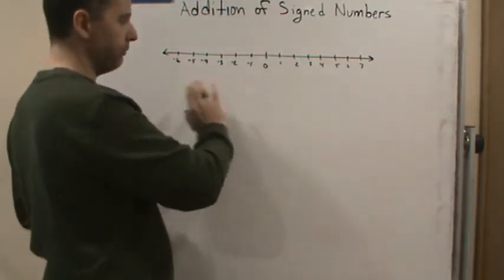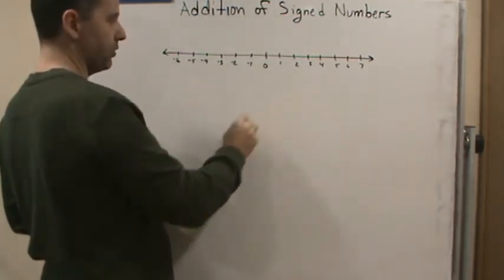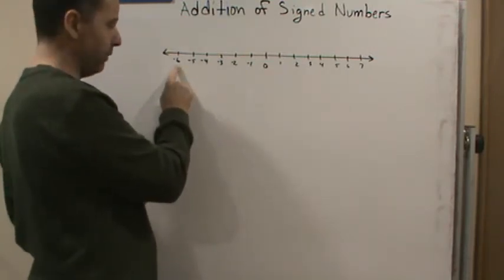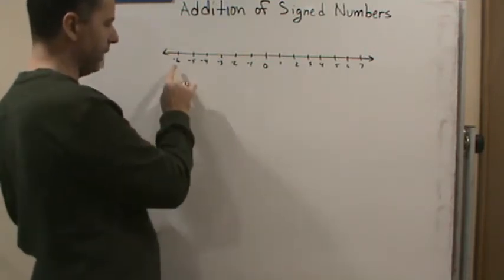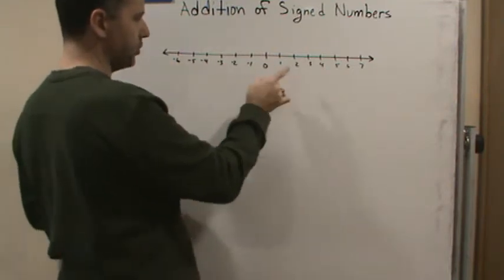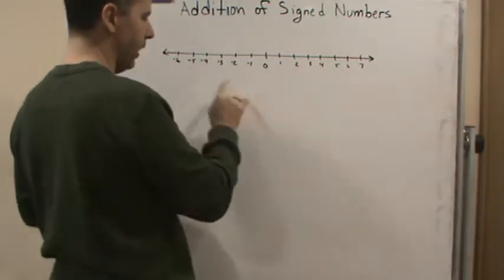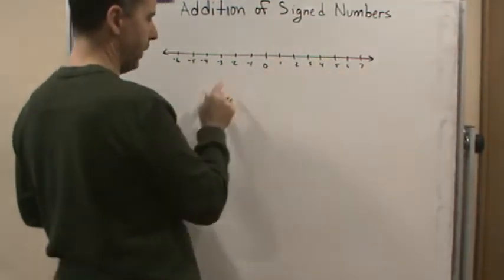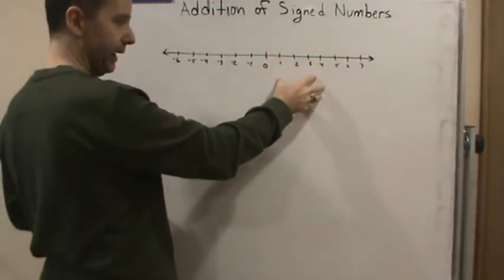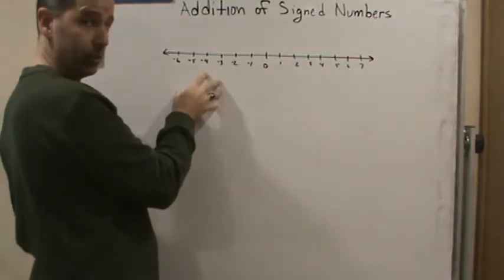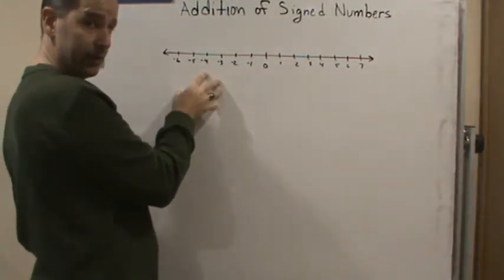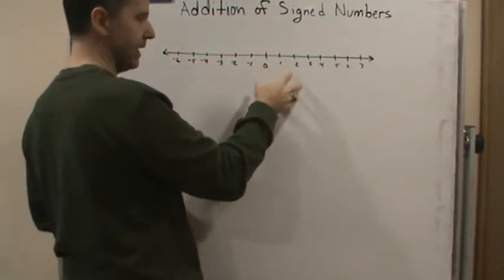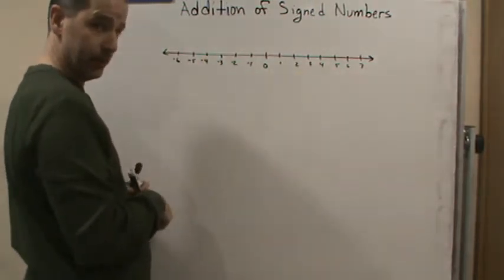So even though this is -6, if I look at -6 compared to +6, -6 is less than +6. Any number to the right of another number is going to be greater than it. The numbers on the left are always less than any number on the right of it.